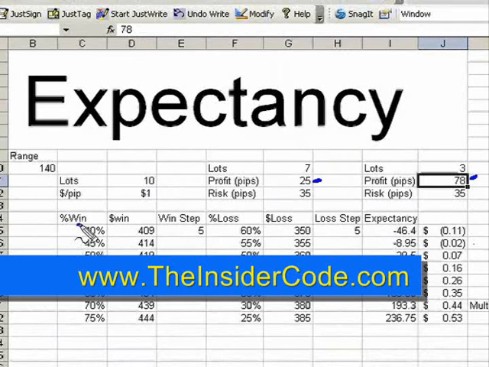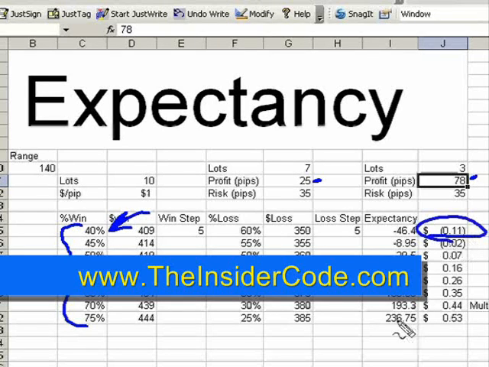Now, again, we can't just focus on this one trade, can we? What we have to ask ourselves is, what happens if we take a bunch of these counter-trend trades over time? Well, we can see that if 40% of them win, then we're going to lose money over time. If half of them win, we're going to make some money, but not a lot.